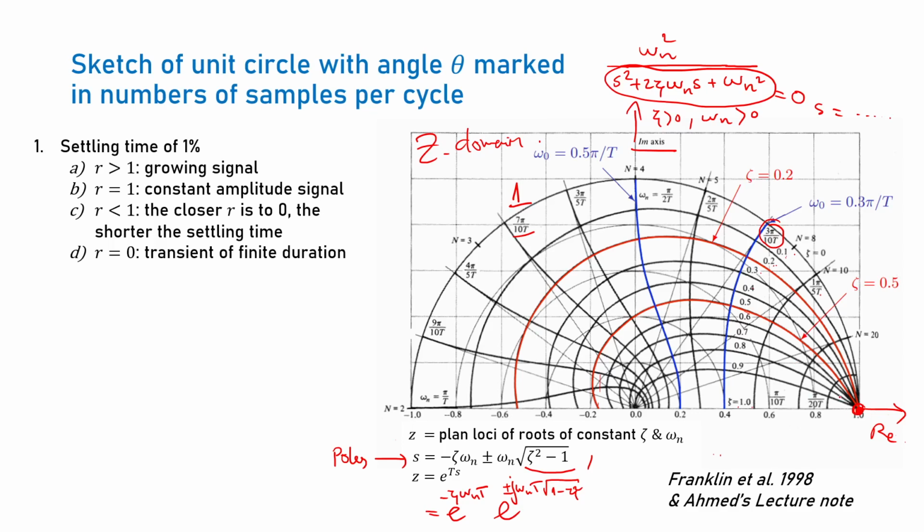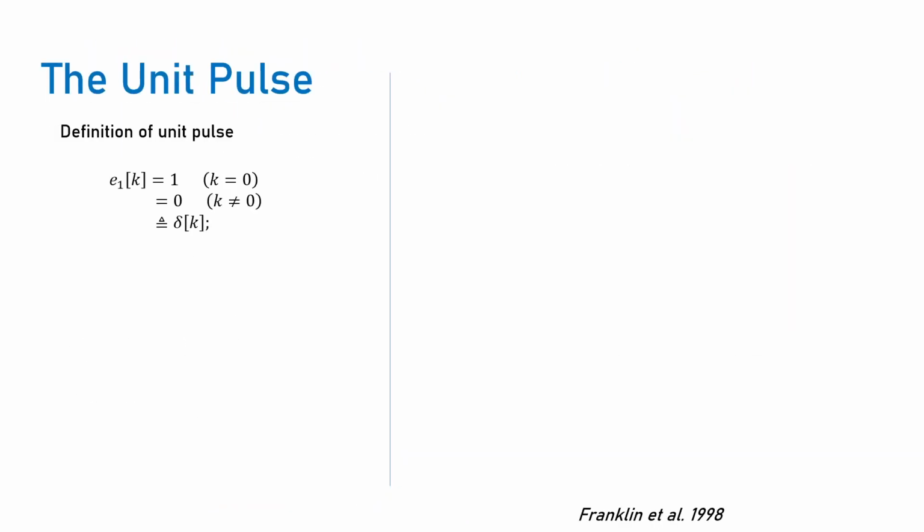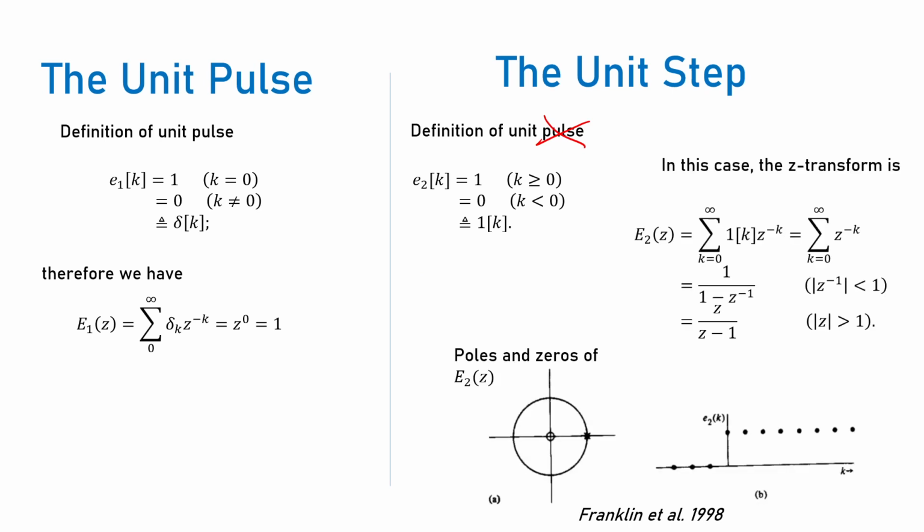One here, then we have a constant amplitude signal. Why? You can review this unit step. Pole here at 1, and then you have constant amplitude like this.